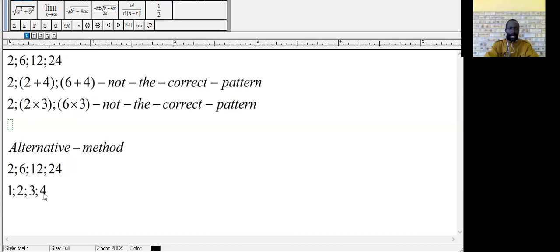Wait, let's first see. The first term being 2. So to get the next, we want to multiply the position by a number. Well, let's see this time. We are multiplying the term in the first position by what?